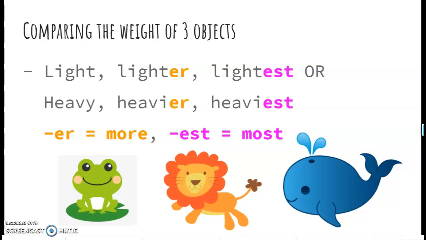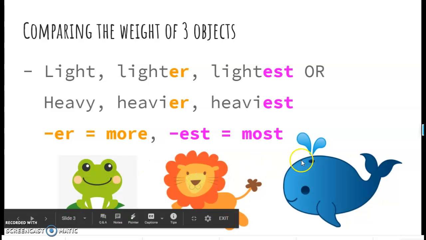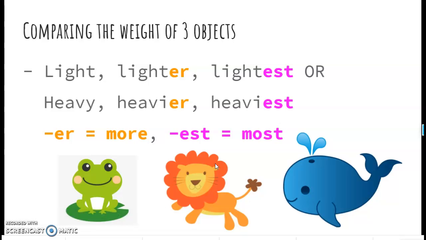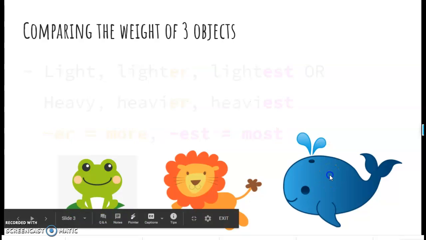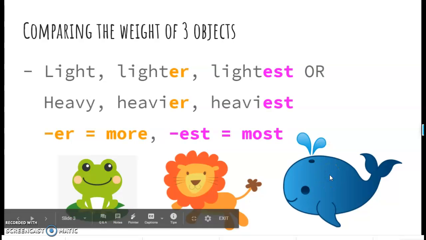Which one is more light out of the lion and the whale? I would say the lion would be lighter because I've seen a whale and they are huge. So that would make the whale light, which again sounds kind of silly because you probably think a whale isn't light. So I could say lightest, lighter, light.